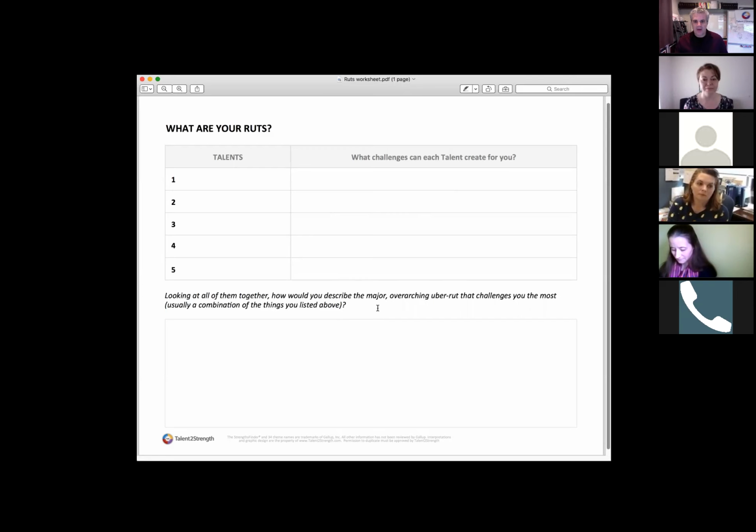And so my overall pattern with my themes of strategic, intellection, ideation, input, those themes combine to create this thing where I have way too many ideas. Like this is the bar of maximum ideas, and this is my bar for output, execution, getting things done. So I have a really low level of execution, and it really describes my problem of so many ideas and not enough bandwidth to really get all those ideas out into reality.